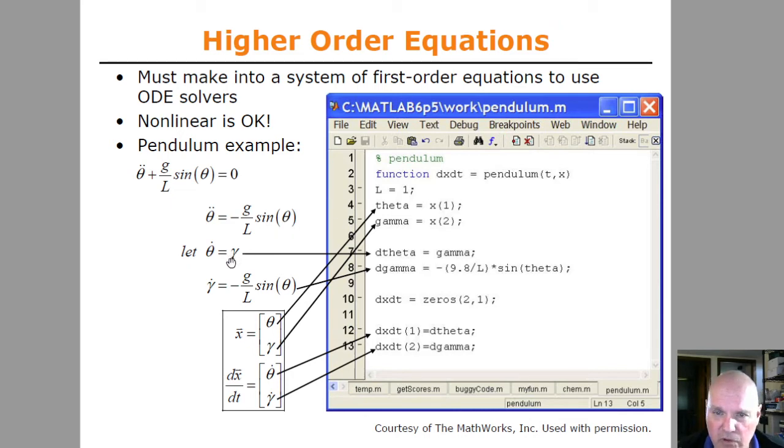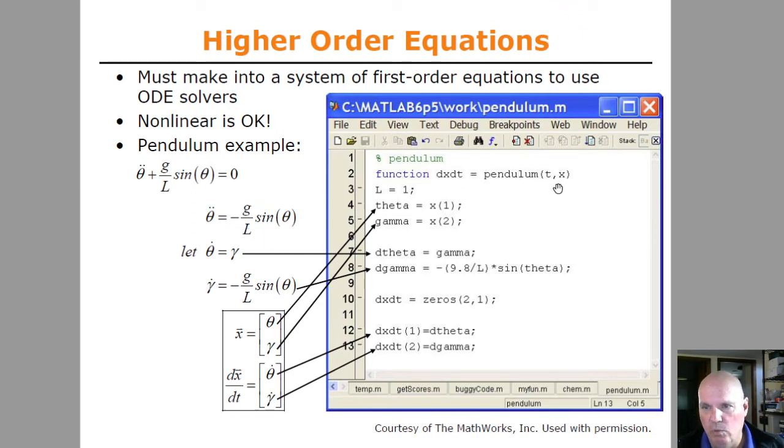So we just introduce a dummy variable, let the first derivative be gamma. Now we can rewrite the second derivative equation in terms of a derivative of gamma, and we also have theta dot equal to gamma, and gamma dot equal to the right hand side here.